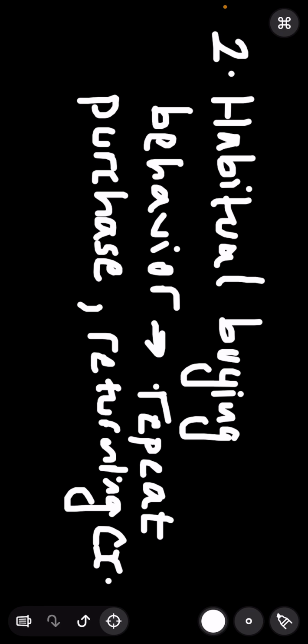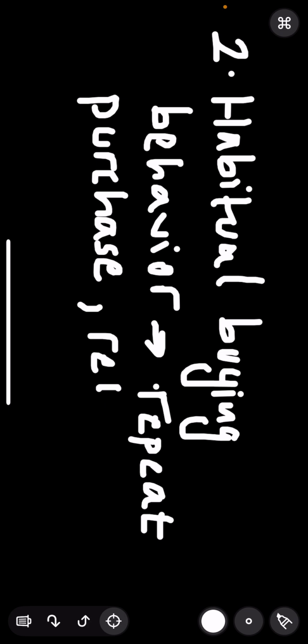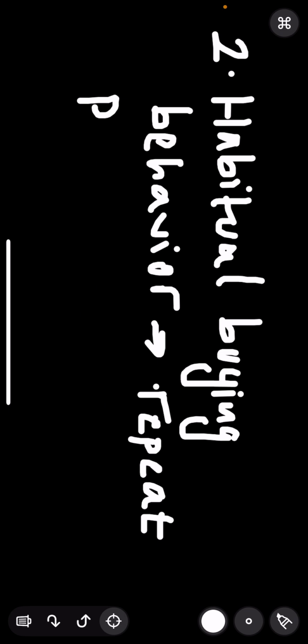Maybe the consumer is used to consuming a certain type of product. So this is habitual buying behavior. This may have to do with things like milk, where you do not need to think much. It may have to do with things like bottled water, chocolate maybe, or soft drinks, and so on. So this is habitual buying behavior.